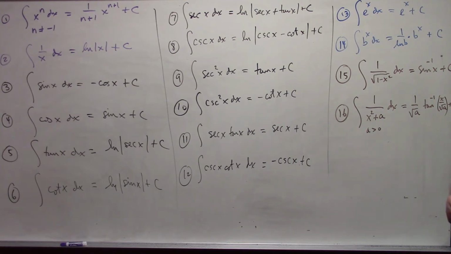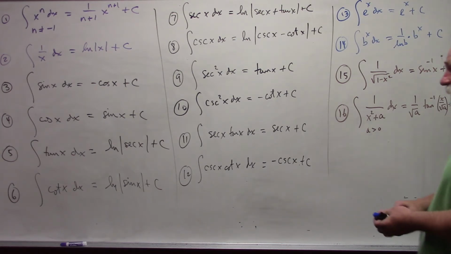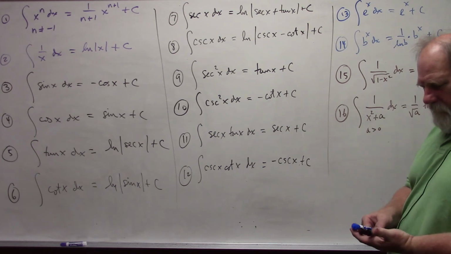And then finally, and I think I'm out of colors here, unfortunately, there are two more, the hyperbolic. And so I guess I'll go back to purple, if I can find purple.